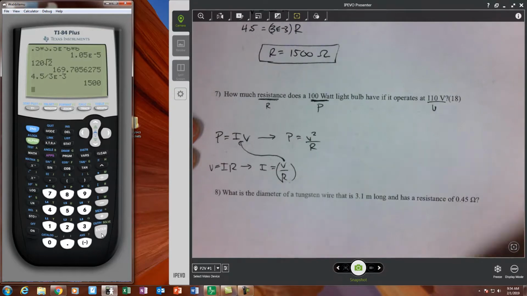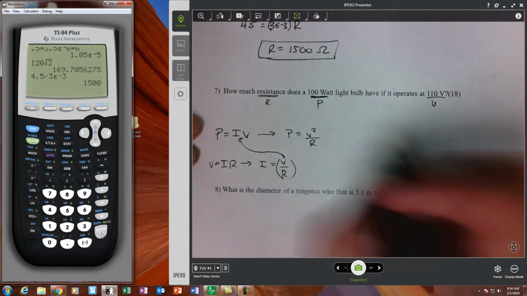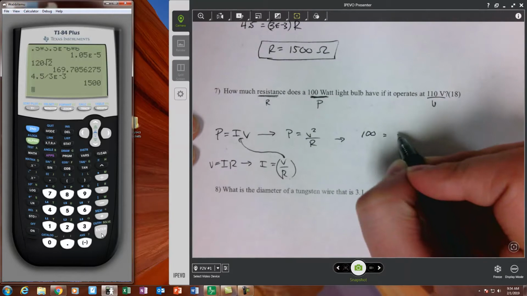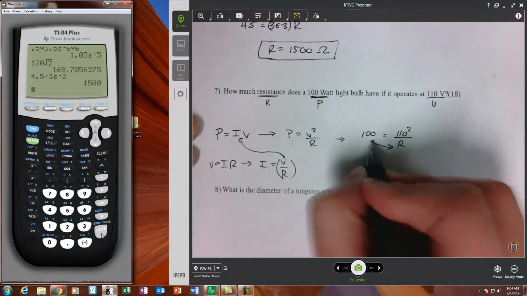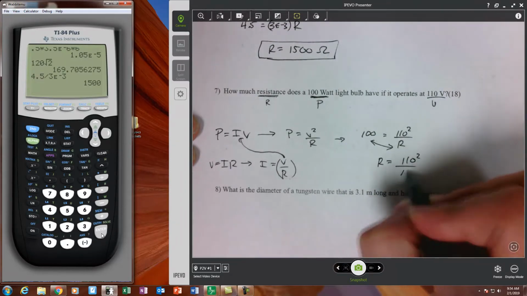Okay, so with just the V and the R, we should be able to find the power, or with the power and the V, we should be able to find R. So in this case, we have 100 watts is equal to 110 squared over R. A little Welcheroo, and R equals 110 squared over 100.